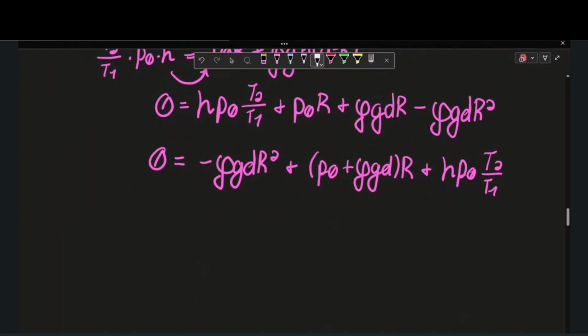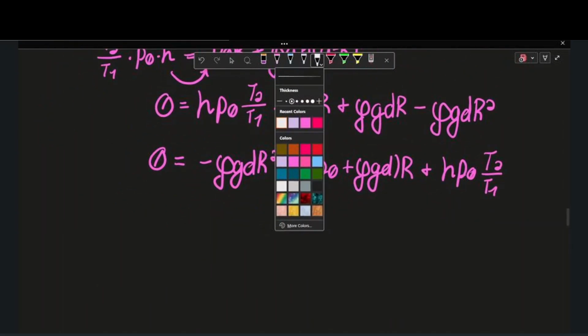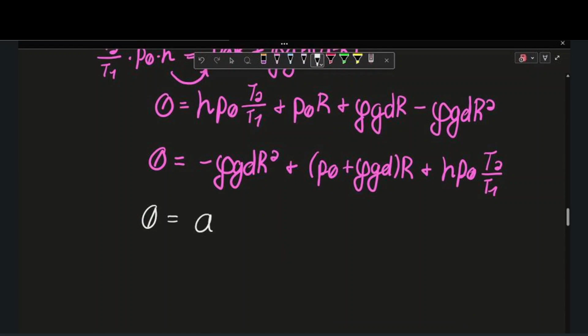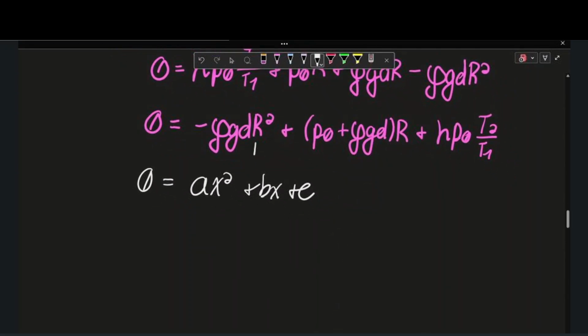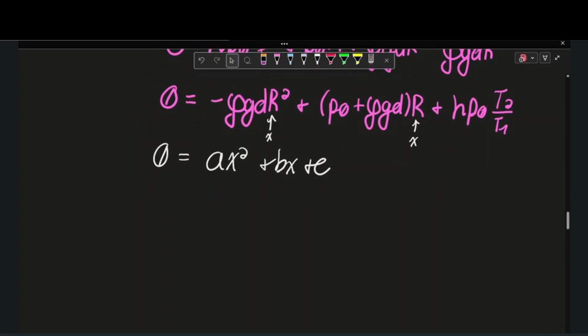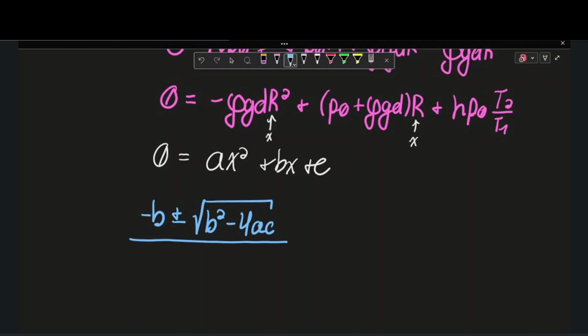Now from here, hopefully you can recognize that this looks just like the quadratic equation, a times x squared plus bx plus c. So since we're solving for R, this would be our x. And from there we can just solve with the quadratic formula: negative b plus or minus square root of b squared minus 4ac, all over 2a, is equal to x.